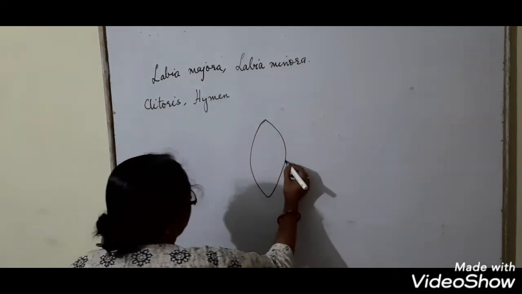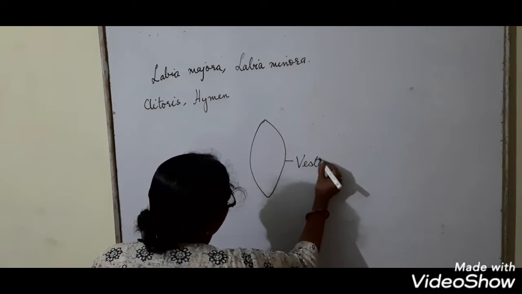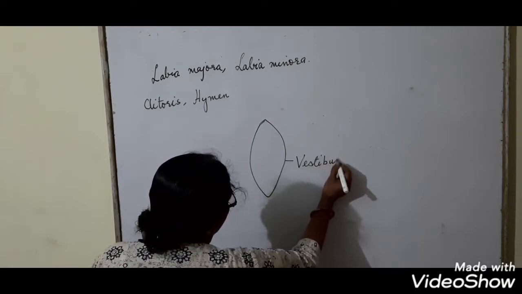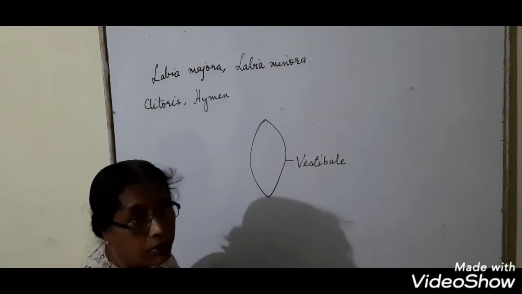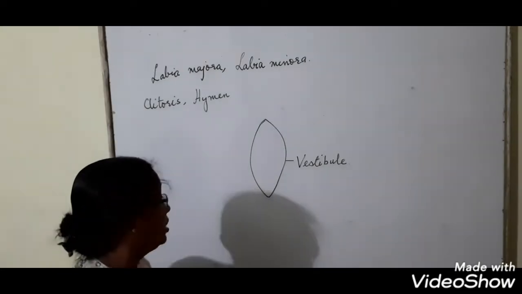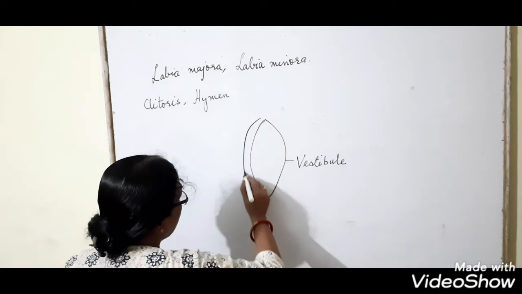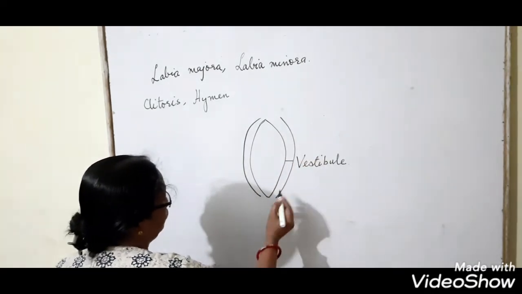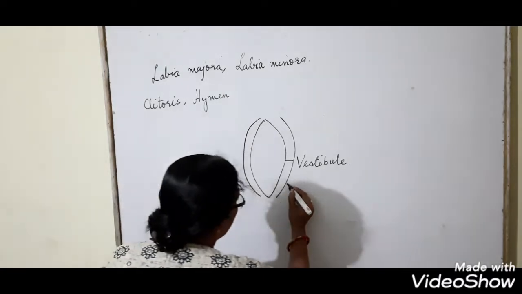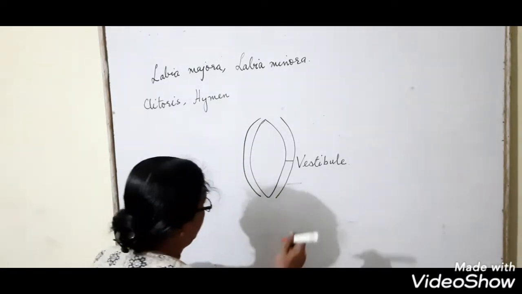This is the vestibule or vestibulum. Actually, it is a depression. The covering which lines the vestibule is known as labia minora.